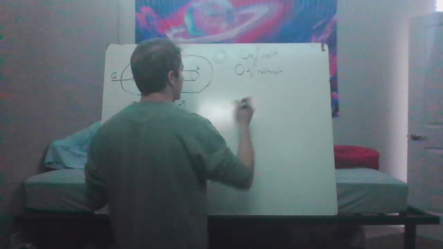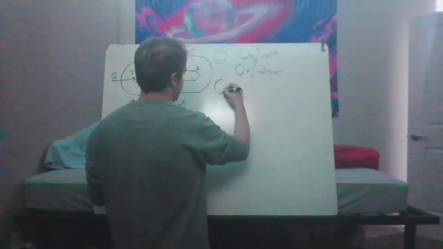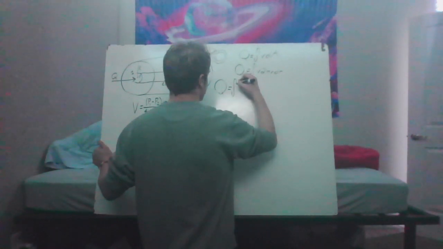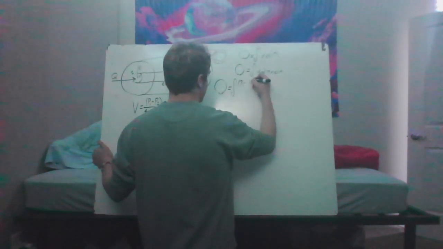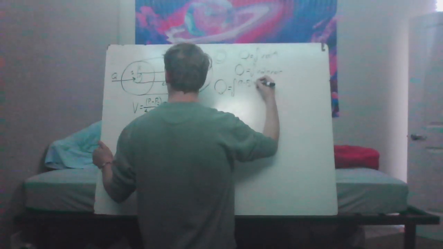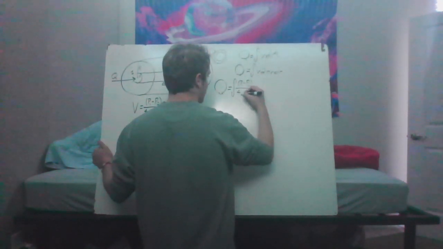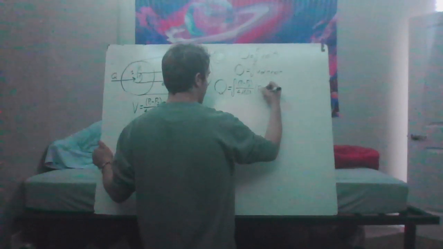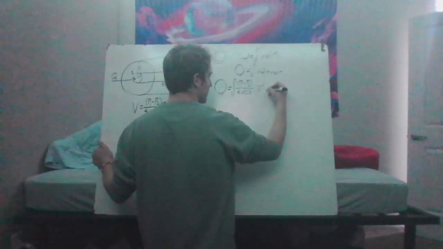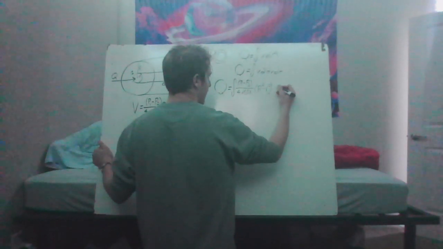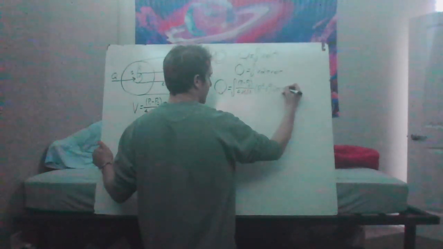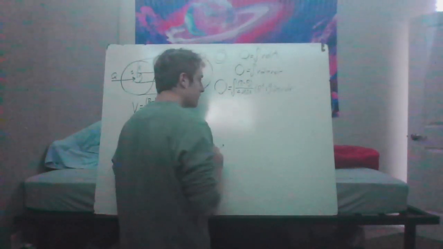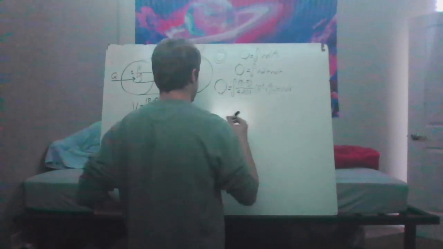So now we can plug in our v. It'll be Q equals the integral of (p1 minus p2) over 4 mu delta x times (big R squared minus r squared), times our 2 pi r dr. And now what we can do is take our constants out in front of this integral.